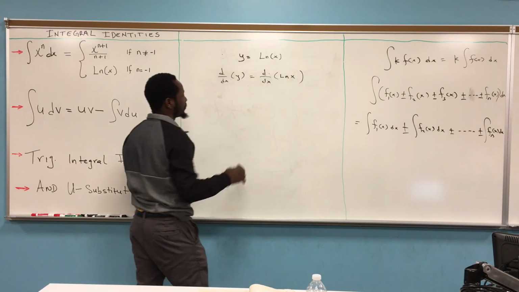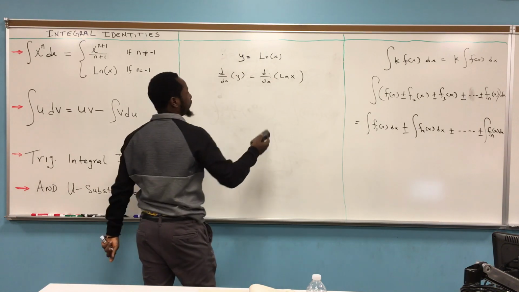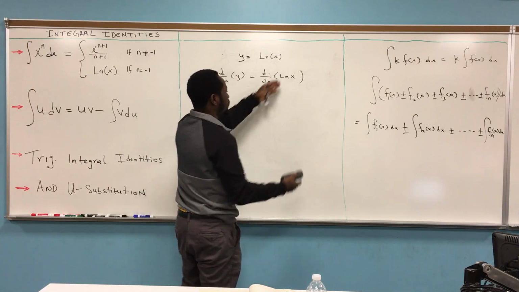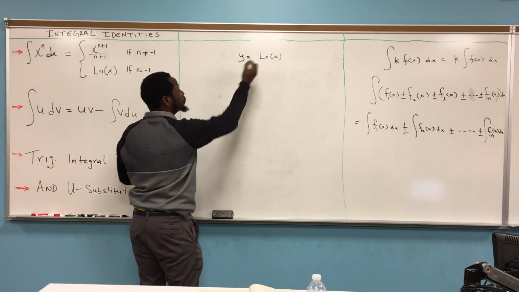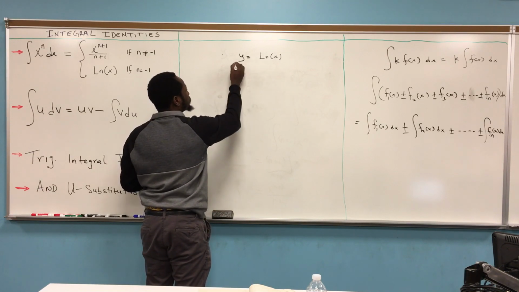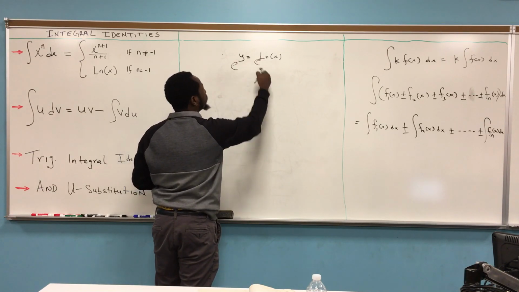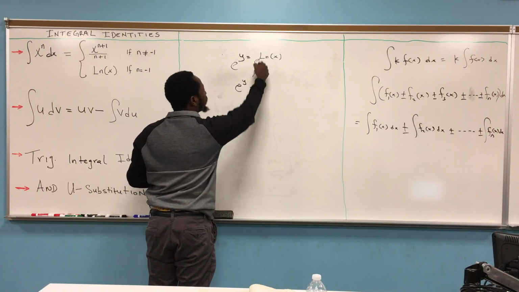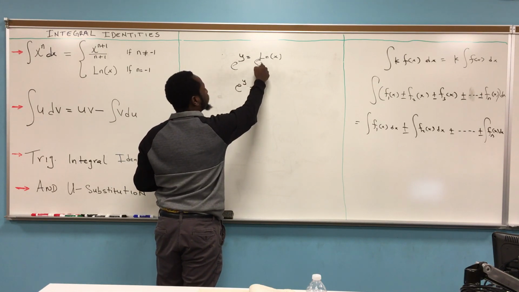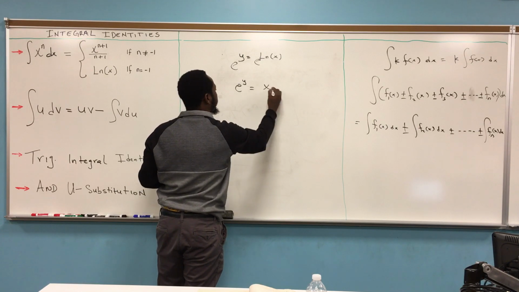I wouldn't do it this way because I don't want to just put the answer there. What I would do is raise both sides to e. Now I have e to the y is equal to e cancels natural log x.